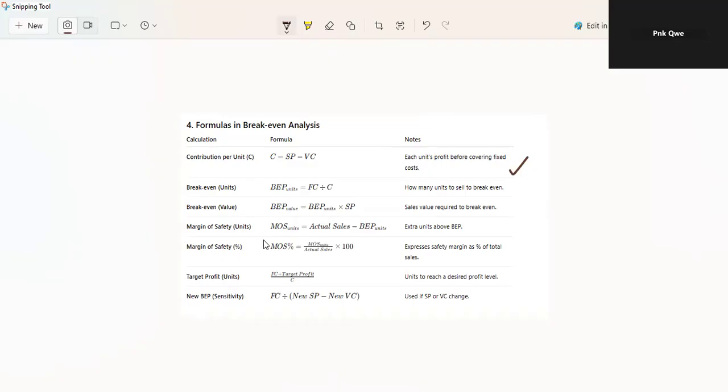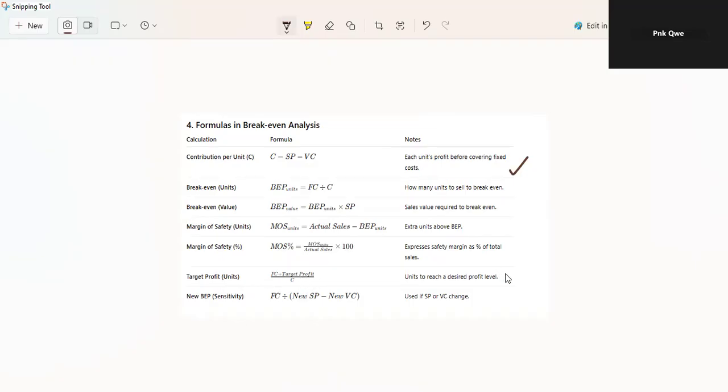The margin of safety in terms of units is simply the actual sales minus the break-even units. These are extra units above the break-even point. Then margin of safety percentage is simply the margin of safety in units over actual sales times 100. Targeted profit units are simply the fixed cost plus targeted profit over contribution.